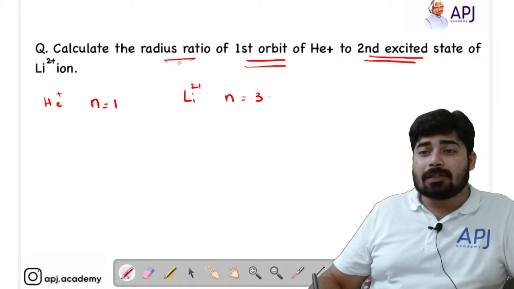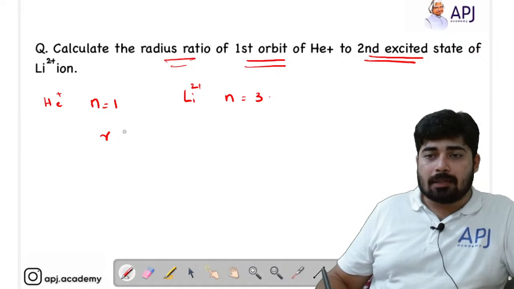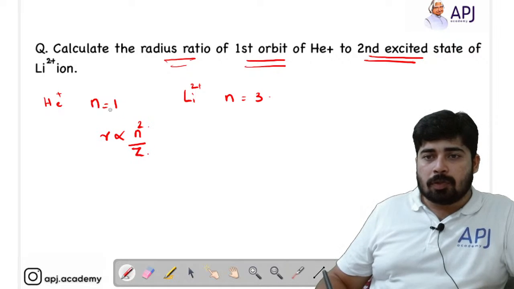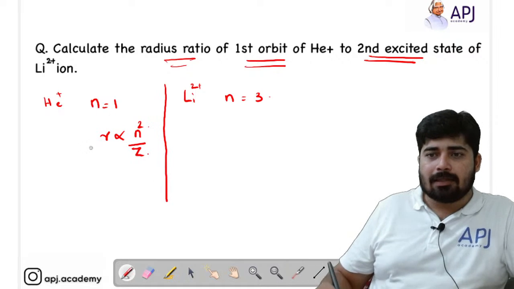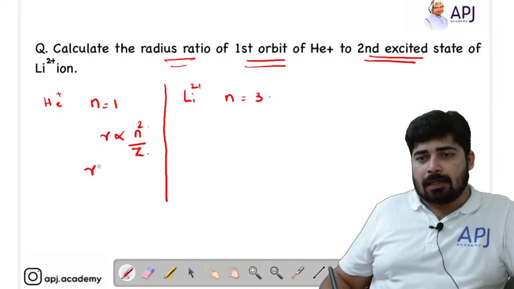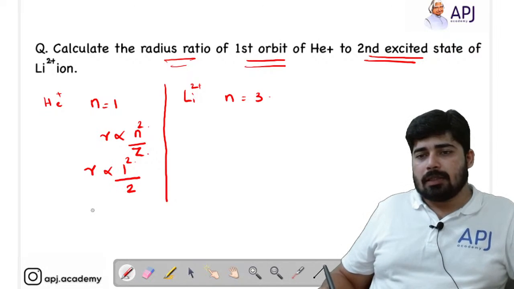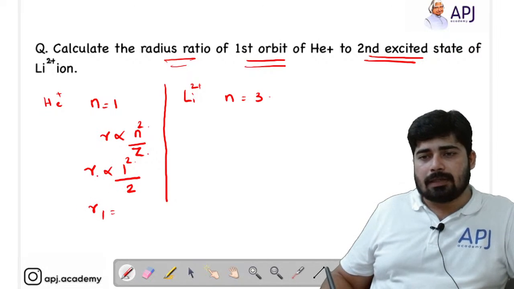You have to find out the radius ratio. We know that r is directly proportional to n square by z. So in the case of helium, n is 1 square, and the atomic number of helium is 2. So r1 is equal to 1 by 2.